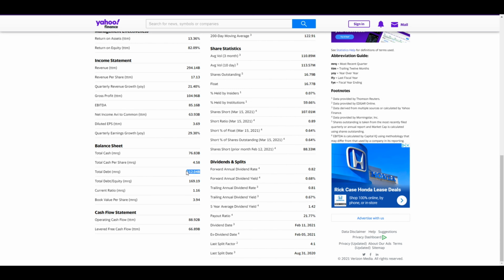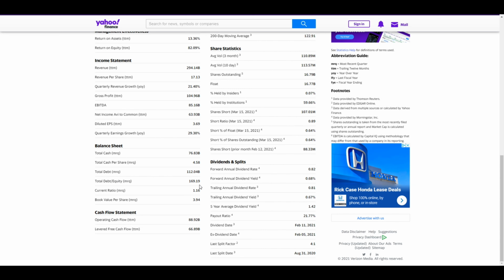So this is quite a bit of debt, but you can see that Apple has more than enough cash to cover almost all of it. Its total debt over equity. Remember that equity is assets minus liabilities. And this formula has debt over the remaining, or equity, and it's 169.